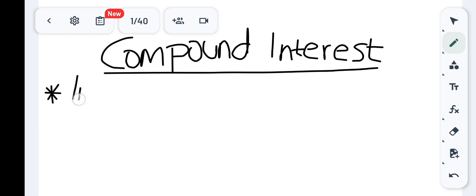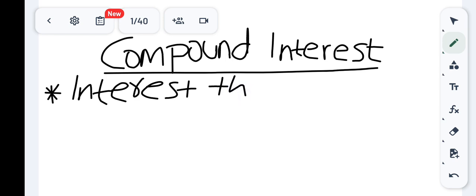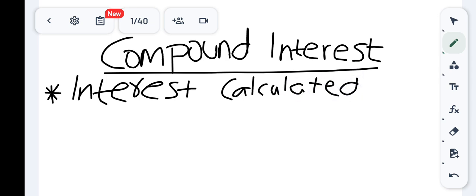But this is interest that is calculated on the original amount. Simple interest is the interest that is calculated only on the original amount.